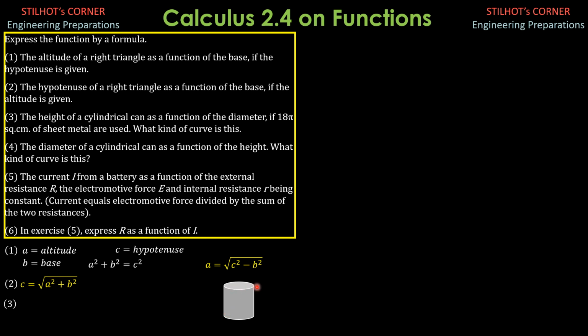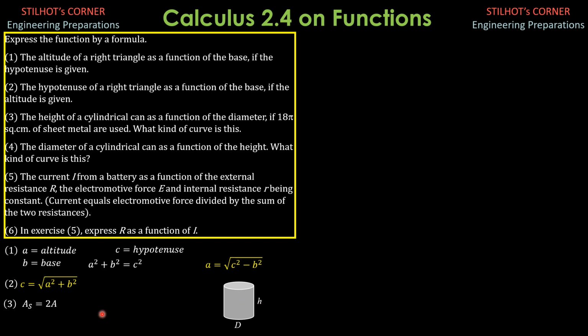And we have two circles, identical circles. The area of each circle is pi over 4 diameter square. So we will denote the diameter as d and the height altitude as h. The surface area consists of 2 times area of circles, then plus lateral area, which is a rectangle with length circumference of the base pi d and height is h.